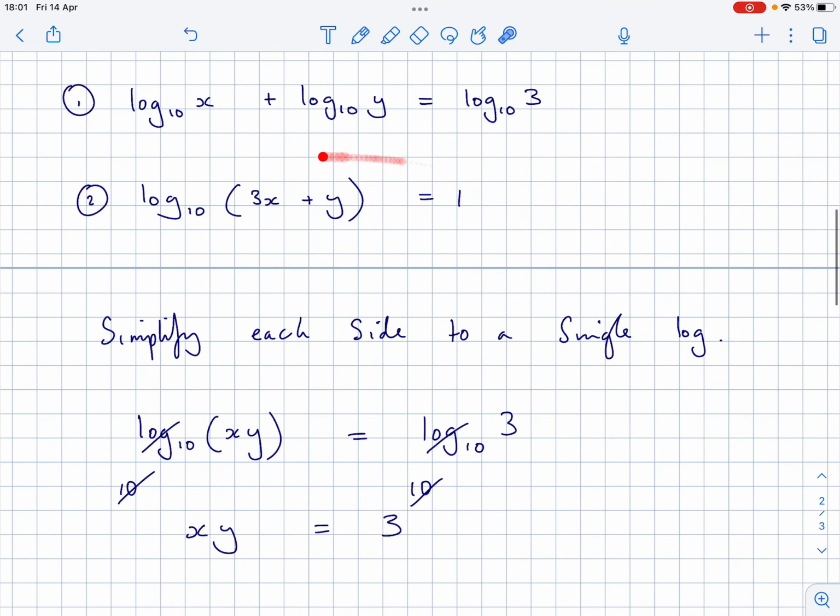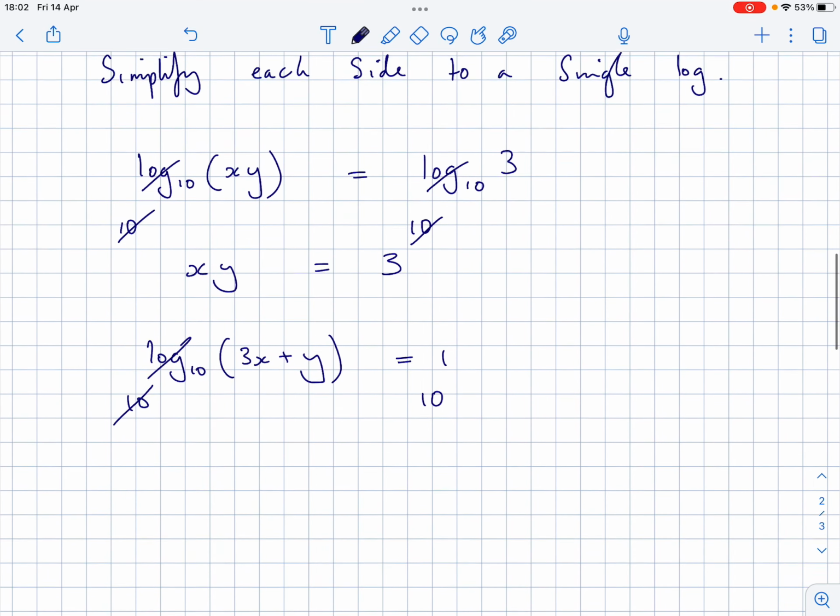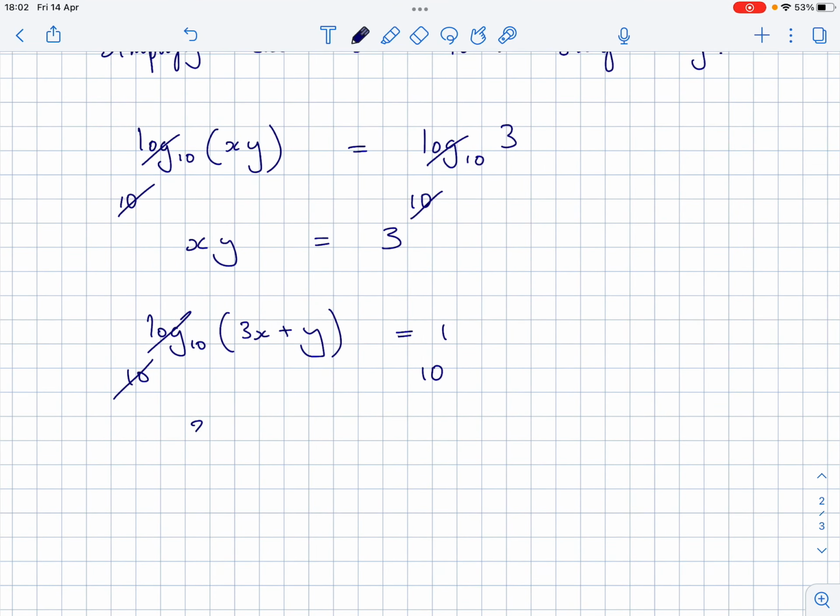We don't actually need to do anything in terms of rearranging for the second one. We can simply raise everything up as a power of the base, or 10. So that's going to cancel on that side, but here I'm going to have 10 to the power of 1, which is 10.